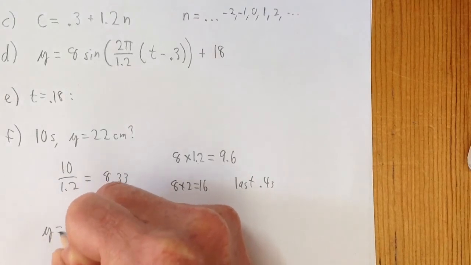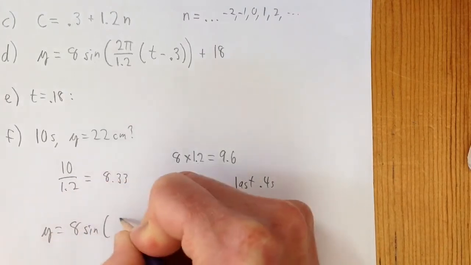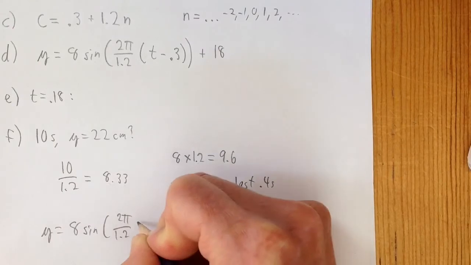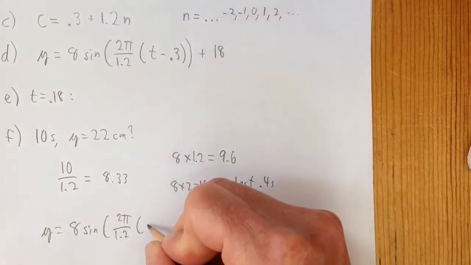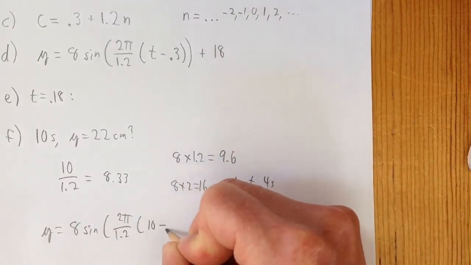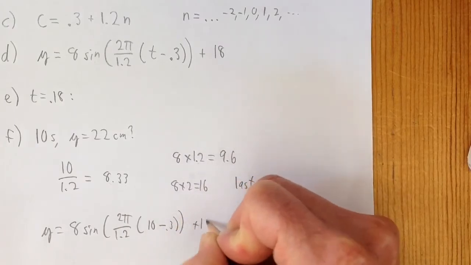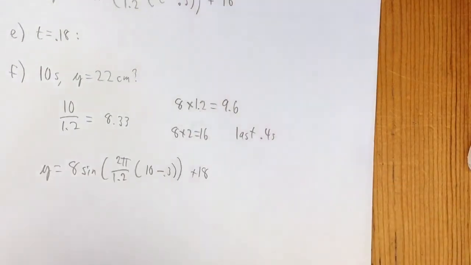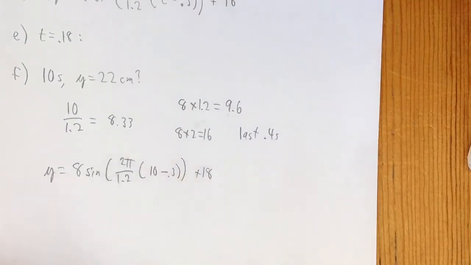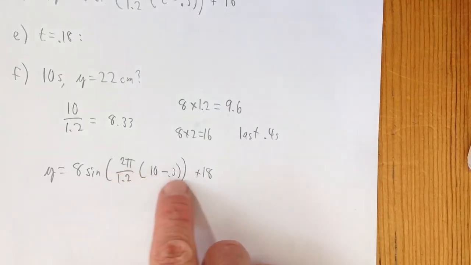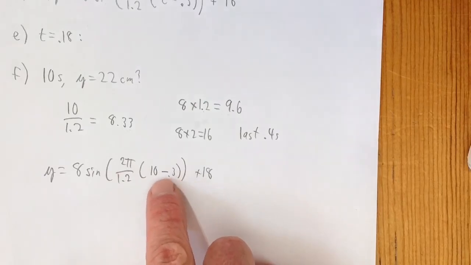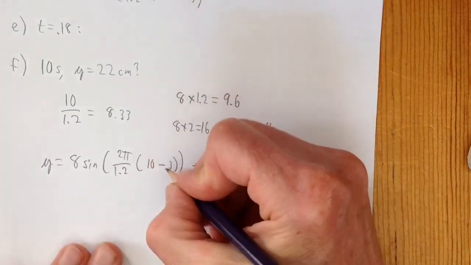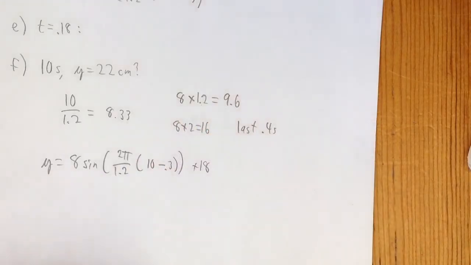So we have y equals 8 times the sine of 2 pi over 1.2 times (10 minus 0.3), plus 18. Calculator in radians mode. Okay, so now I'm going to do a lot of calculator work here. 10 minus 0.3 is 9.7.